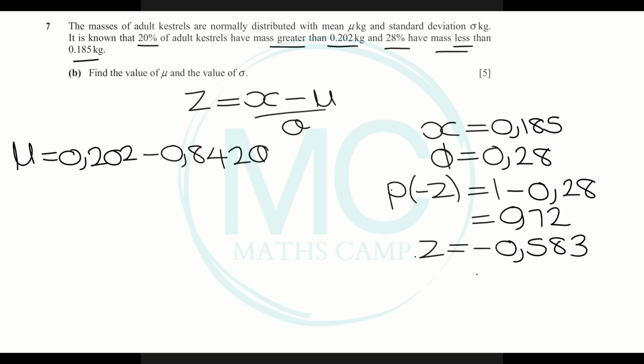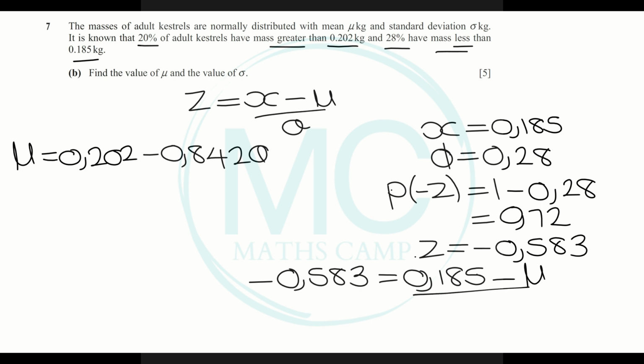We have a Z value of negative 0,583. I can say negative 0,583 is equal to x, 0,185 minus mu over sigma. Let's multiply sigma out.